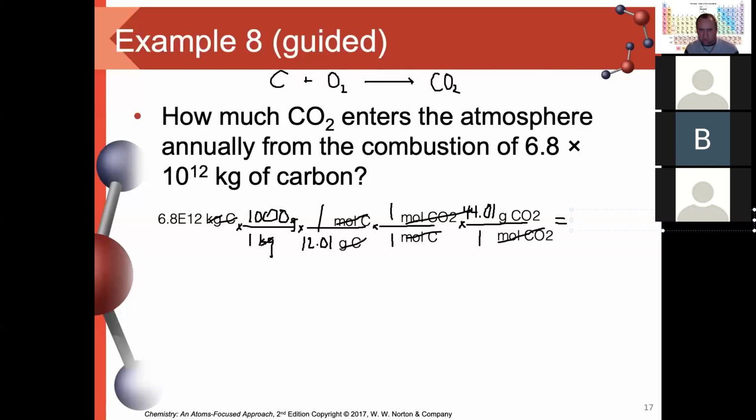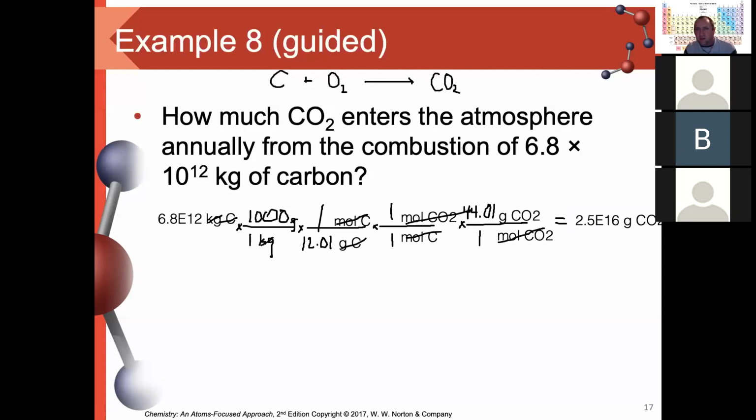I want to say 2, and this time it is 2. The 6.8 only has 2, so you only have 2 here. So 2.5 times 10 to the 16th grams of carbon dioxide.